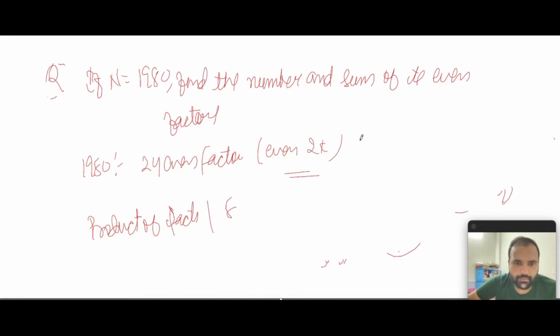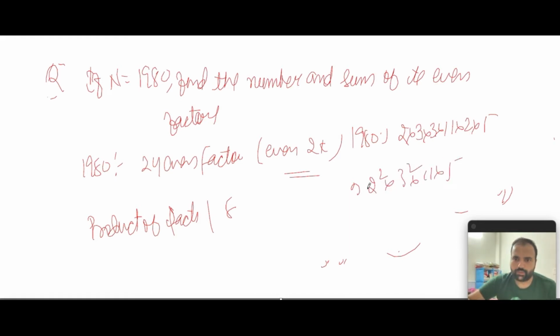Okay, so if we see over here, 1980, so again let's do 3 into 3 into 11 into 2 into 5. So 2 square into 3 square into 11 into 5. So what do we need to see over here? We need to go back to the very basics to get the sum.